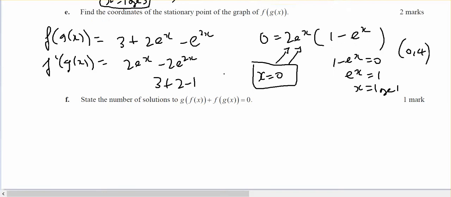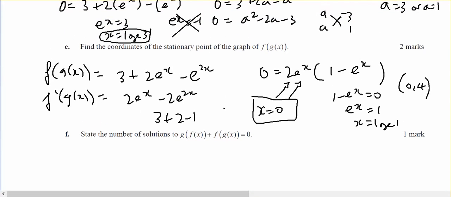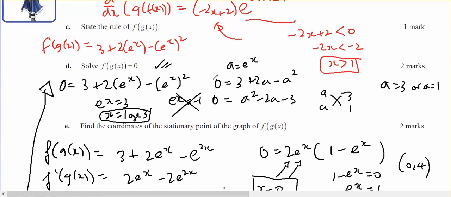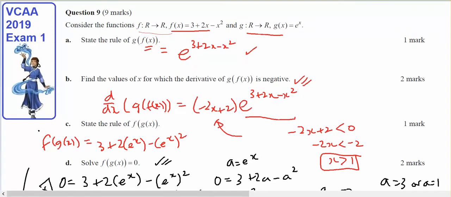And lastly, the number of solutions. Okay, everything that's happened prior will assist me to do the last question. So f of g of x is all the stuff in black. g of f of x is up the top.